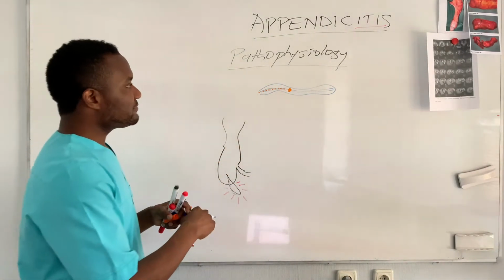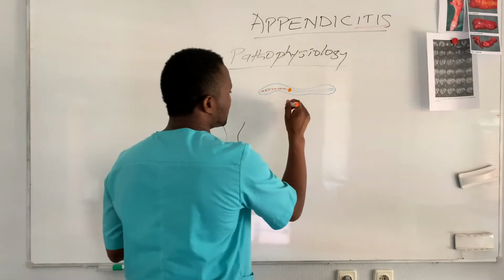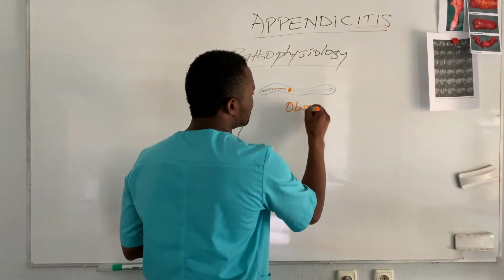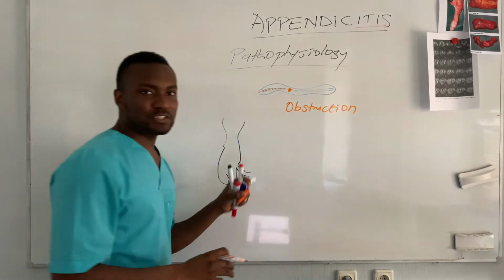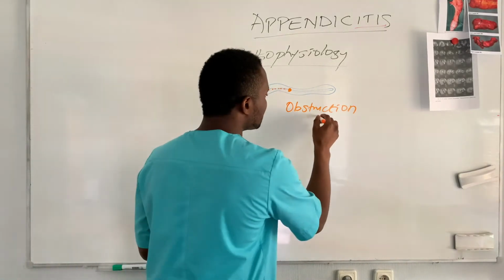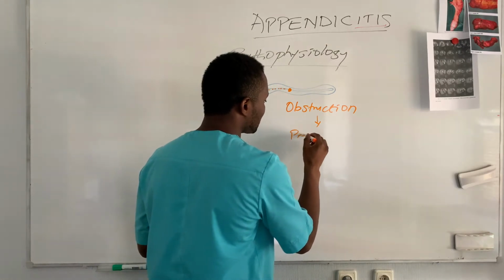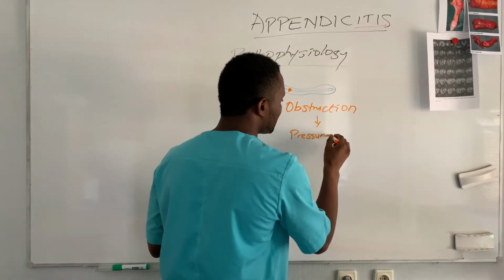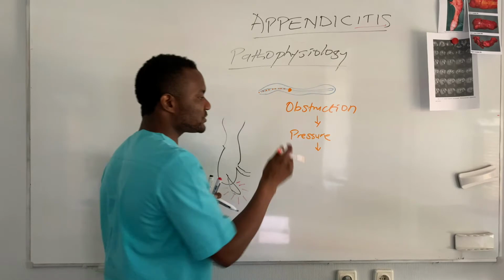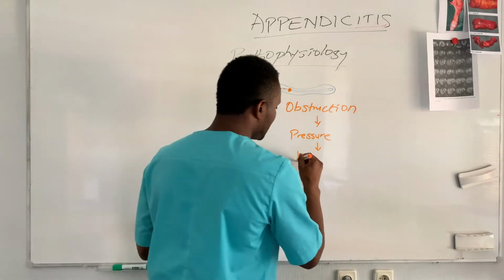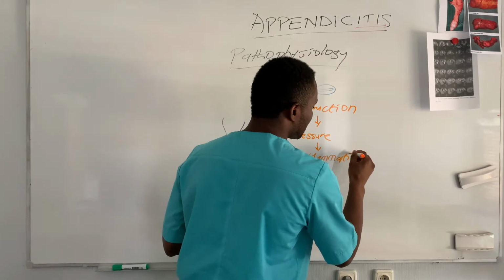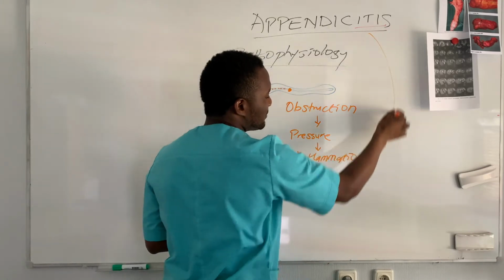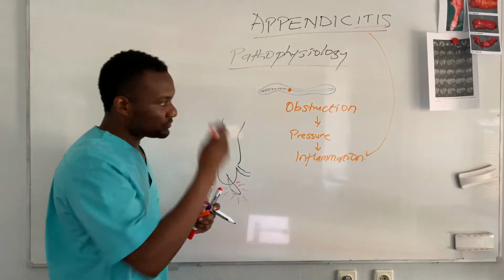So when you have the obstruction, it leads to what? It leads to increase in pressure. Increase in pressure leads to what? It leads to inflammation. Inflammation, as you know, itis in Latin.